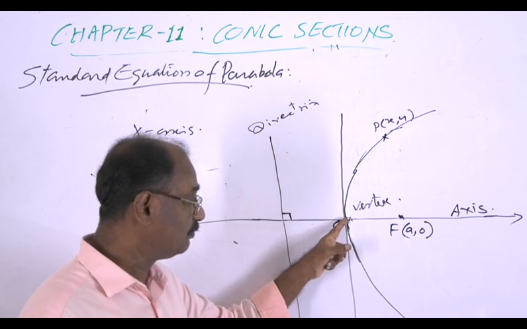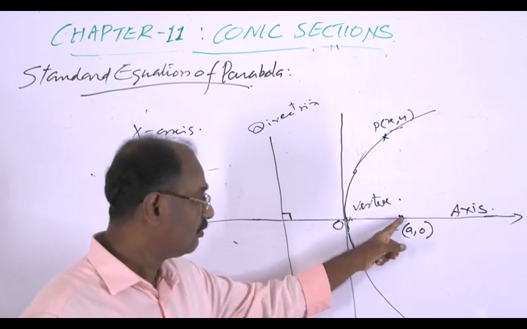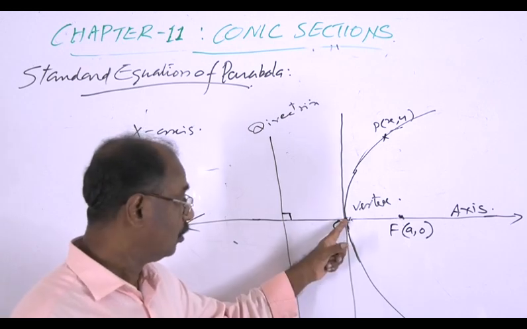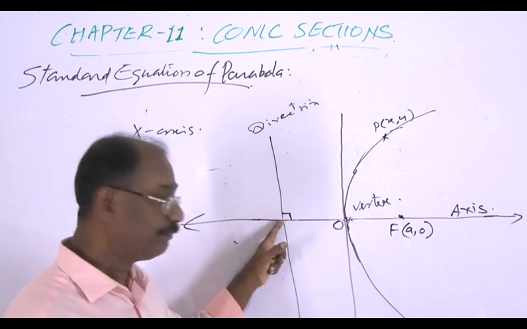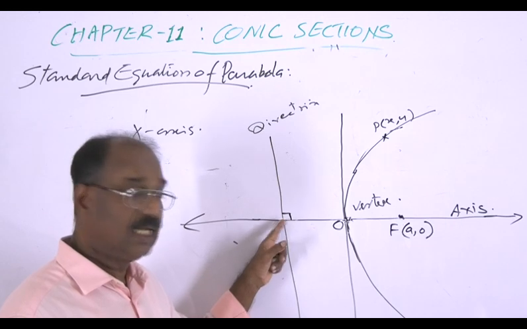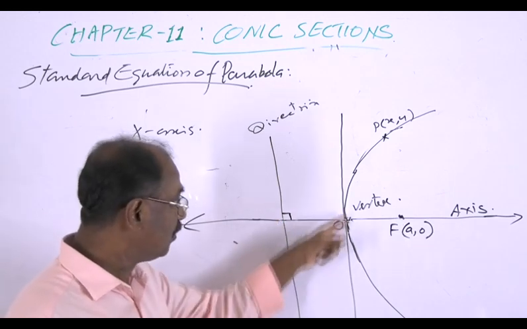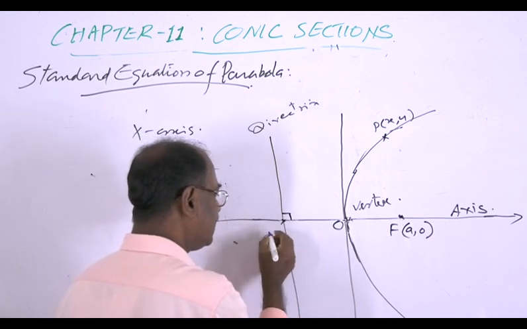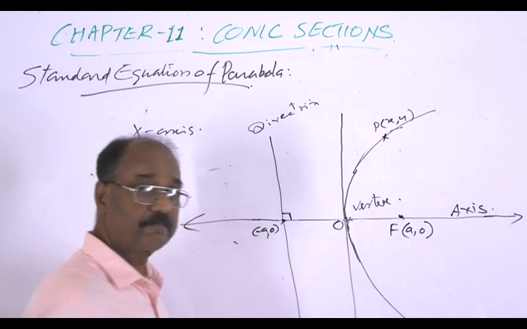The distances of the point on the parabola from this fixed point and the fixed line are equal. So this distance is also a, a units to the left of the y-axis, so this point is (-a, 0).